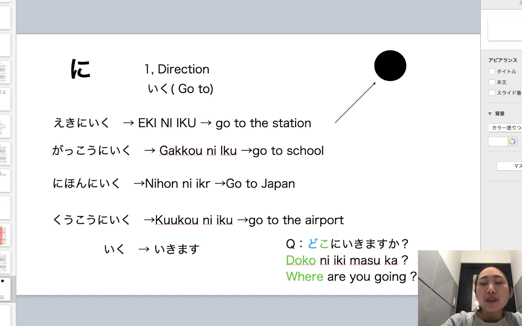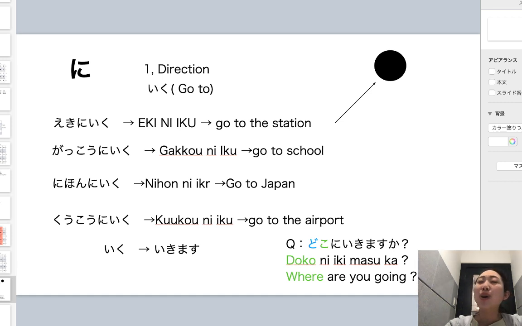If you don't have any questions, I will move on to other functions of the ni word. Well, maybe most of you have wondered about the smaller sounds, smaller letters like the little ya, yu, yo, and the small tsu.